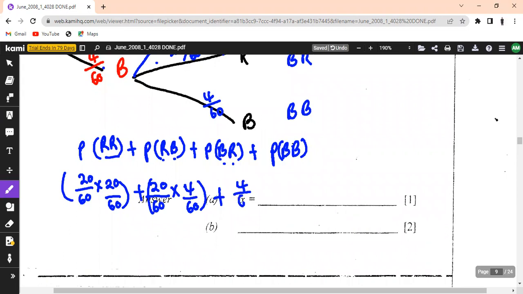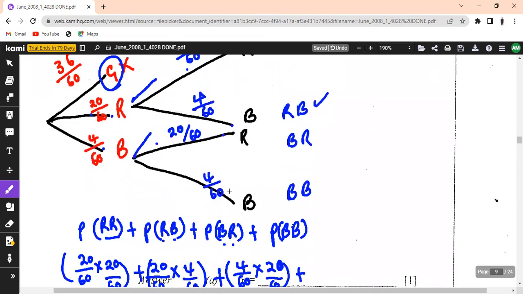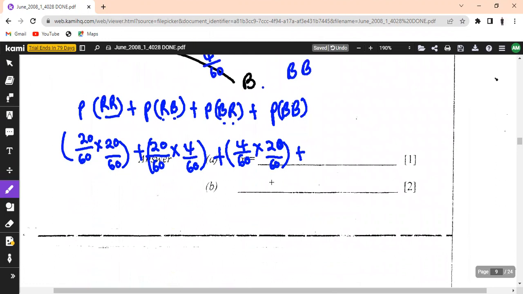So under exam conditions, some of these workings are not even supposed to be indicated if you actually know this diagram. Okay, and then blue, blue. So it's going to be 4 over 60 times 4 over 60. All right, so that's it, guys.